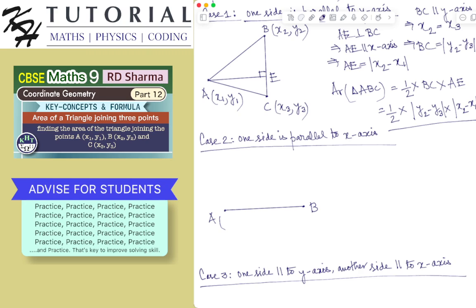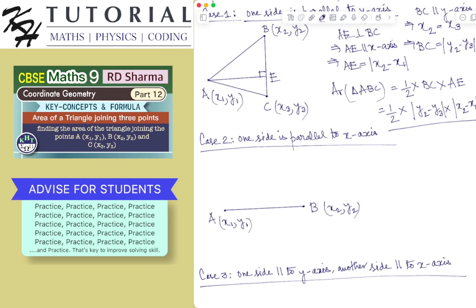The point A is x1, y1, the point B is x2, y2, and the other vertex C could be anywhere. It could be above the side AB, or below it. I am considering above the side AB.